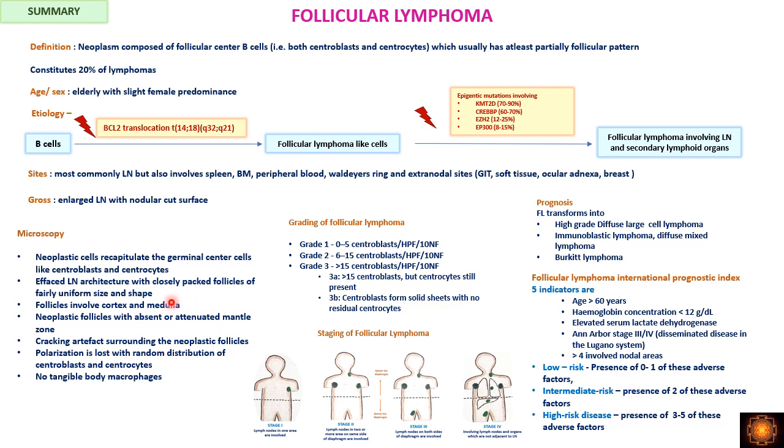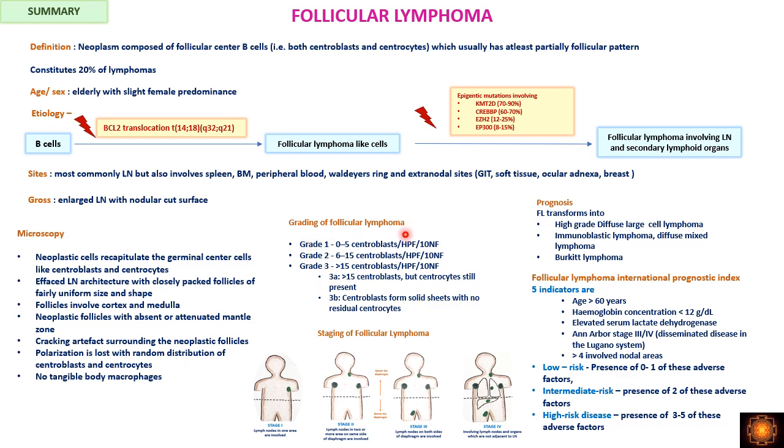They will be of uniform size and shape, and there will not be any mantle zone, and cracking artifact can be seen. If we see the germinal center in high power, there will not be any polarization, there will not be any zonation in the follicular lymphoma, and there will not be any tingible body macrophages.